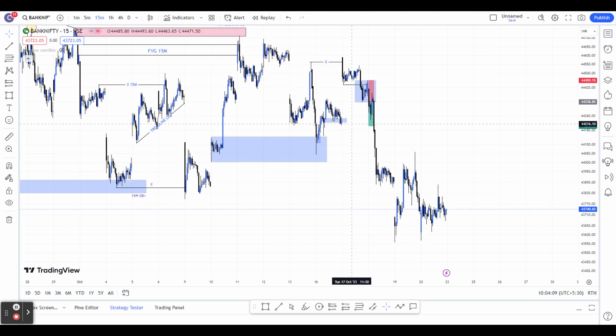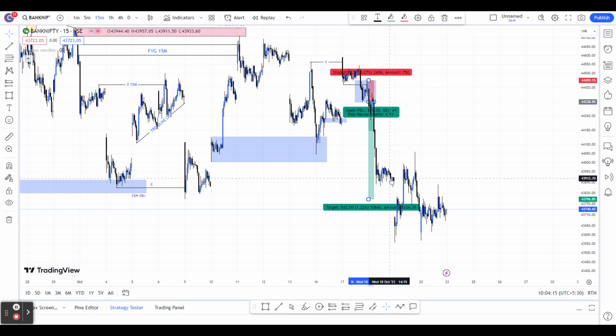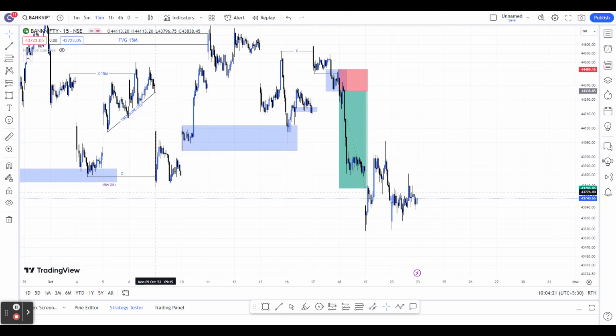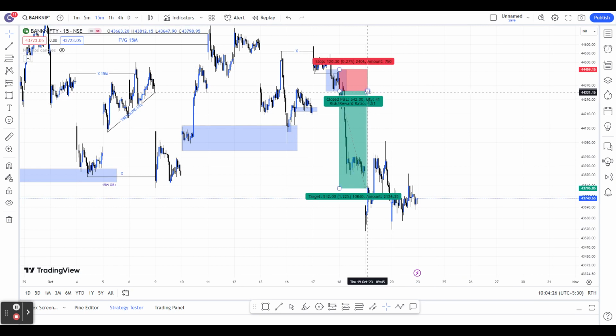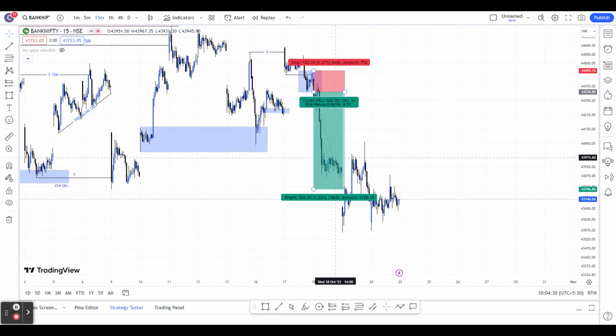And where is our entry? Until this low. Okay, if market closes before giving this entry on that day, then I will close my entry. But if market gives a closing on that day, then I'm going to take this entry, guys. Okay, so you can see there is a very impulsive trade here.